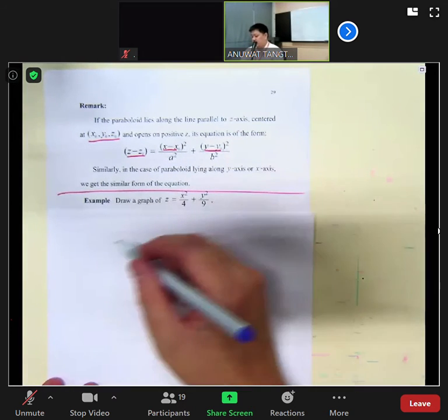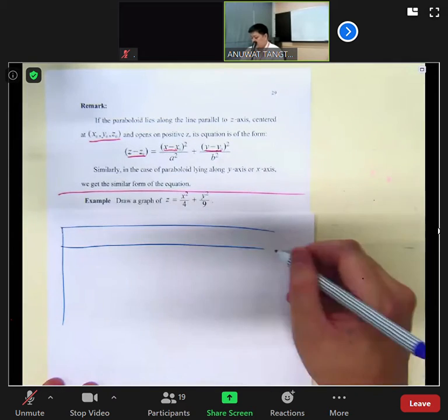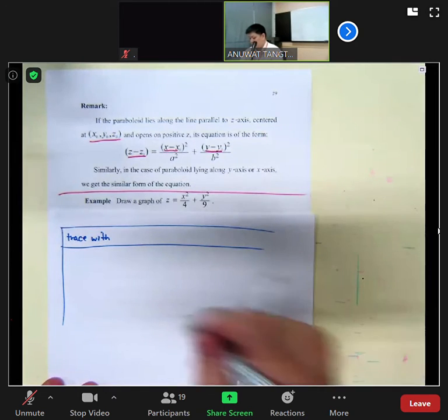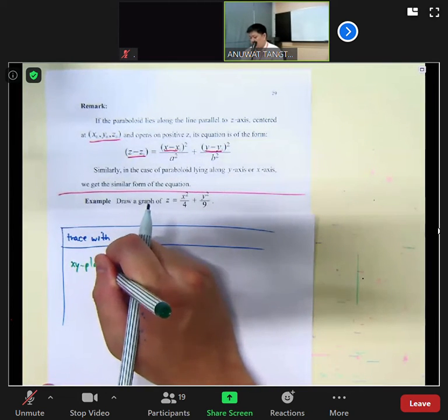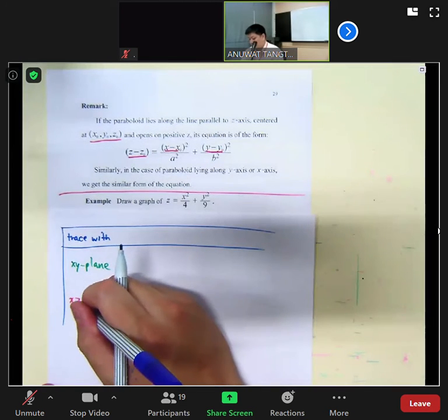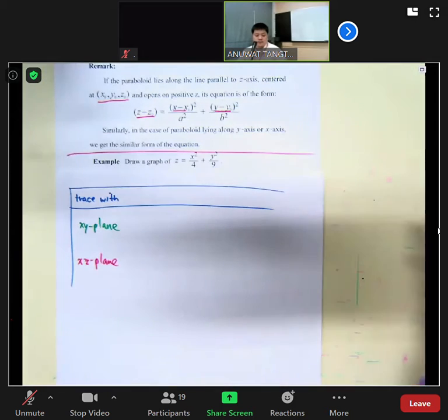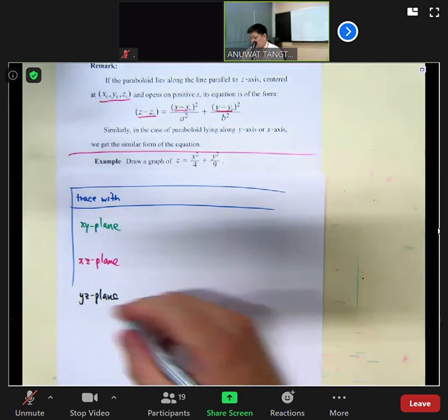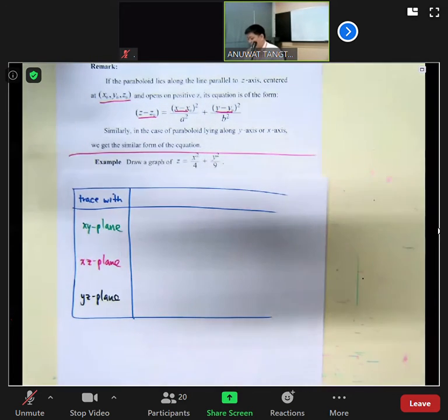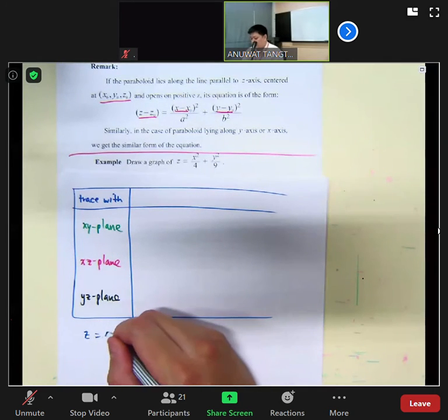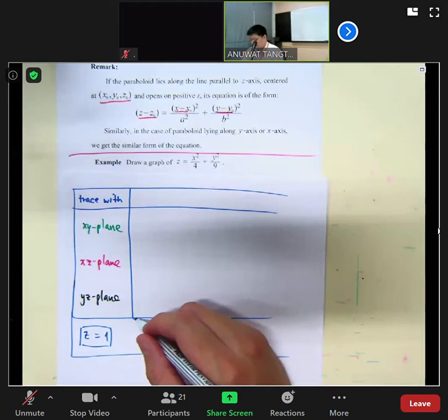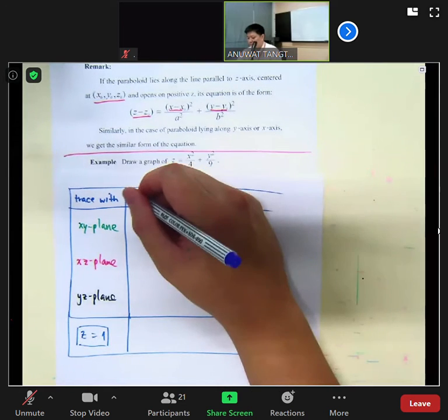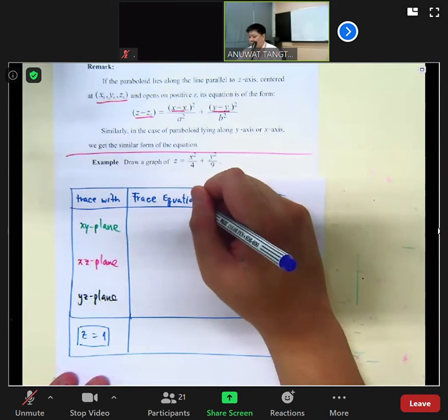So to draw the graph of this, now let me add one more on z equal to 1. This is the trace equation.